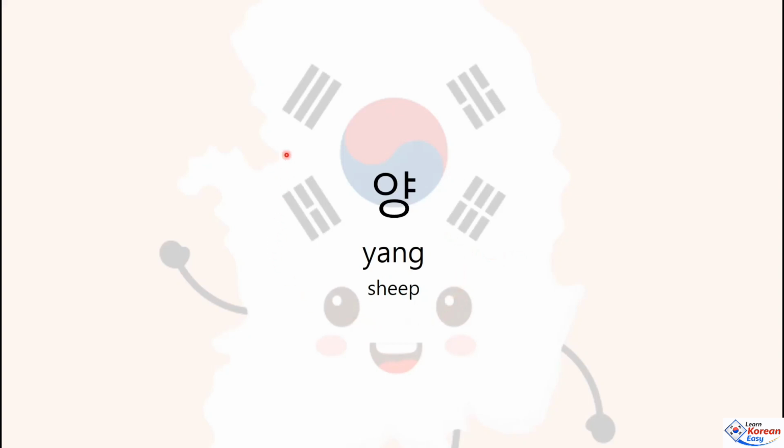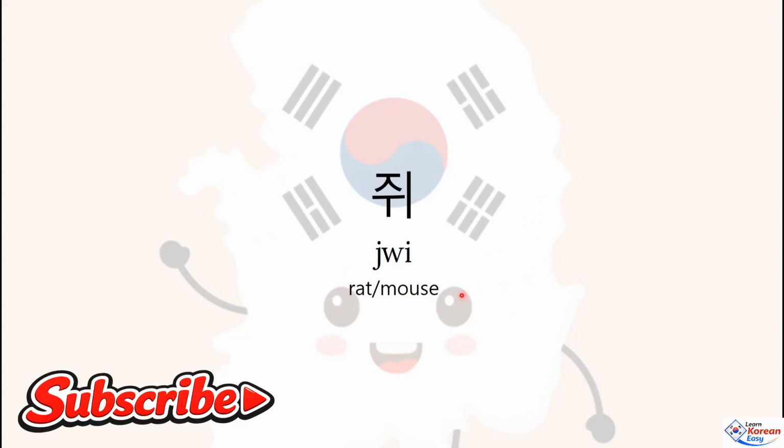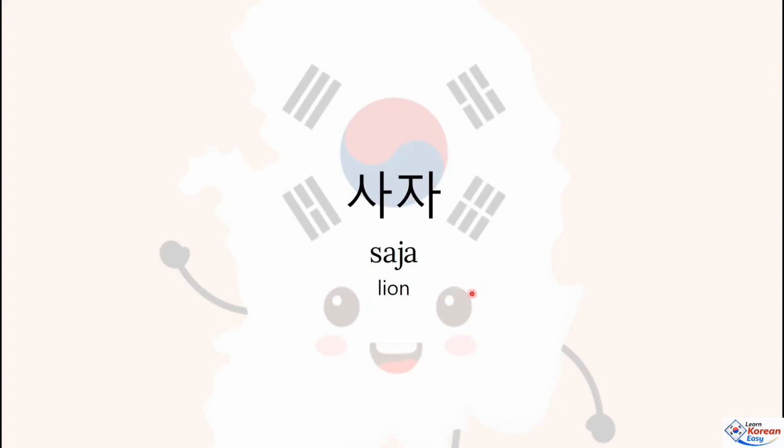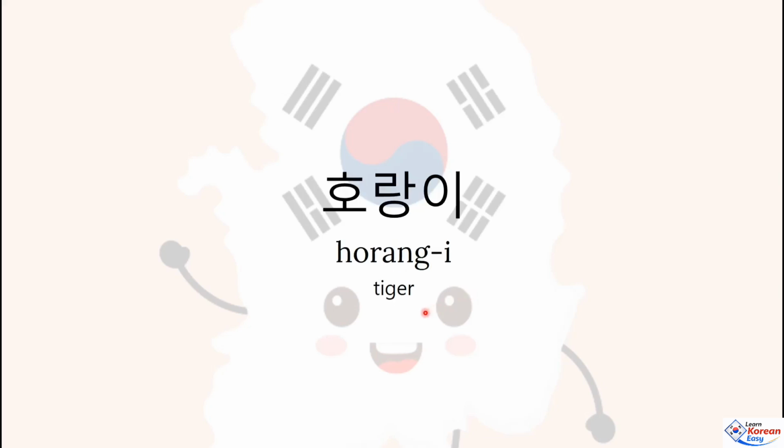And next one, rat or mouse, 쥐. 쥐. Okay. Next one, lion. Lion is 사자. 사자. Lion, 사자.